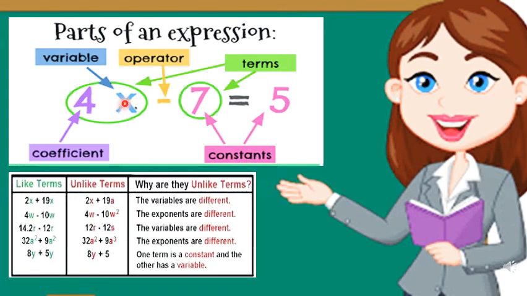So 4x is a variable. X is a variable. When variable is multiplied with a numerical coefficient, the complete term will also be a variable only. But the coefficient here is 4. Hope you all know how to identify variable, operator, terms, constants and numerical coefficient.